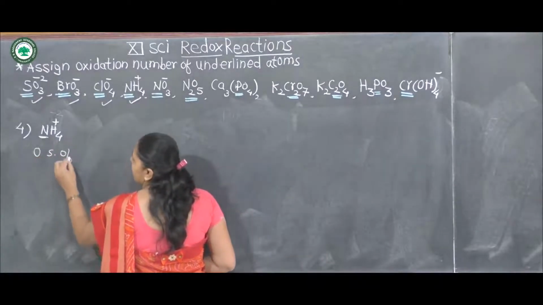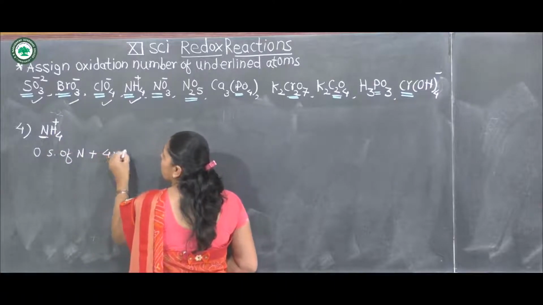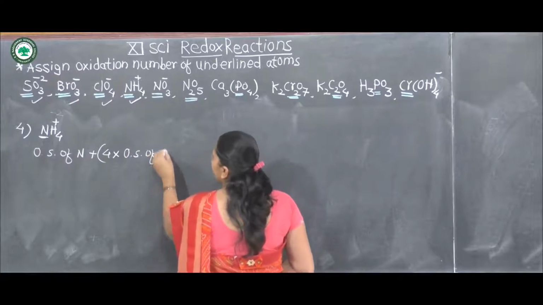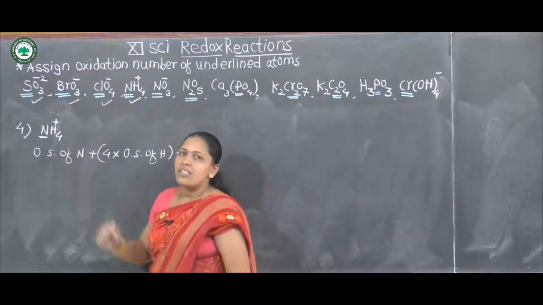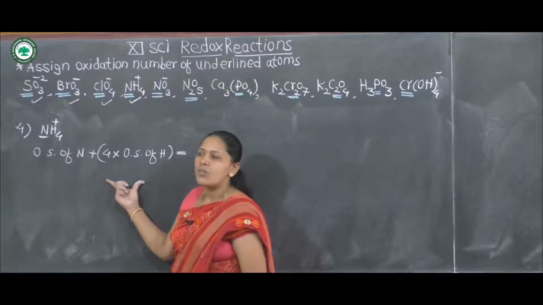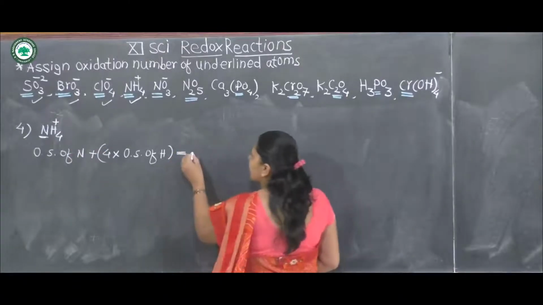Oxidation state of nitrogen plus, here 4 hydrogen, therefore 4 multiplied by the oxidation state of hydrogen is equal to what? It is a polyatomic cation, therefore the algebraic sum of the oxidation states of all atoms is equal to its charge, that is +1.